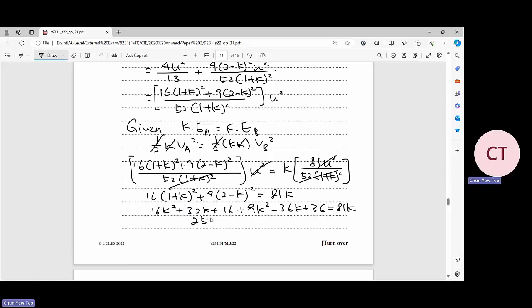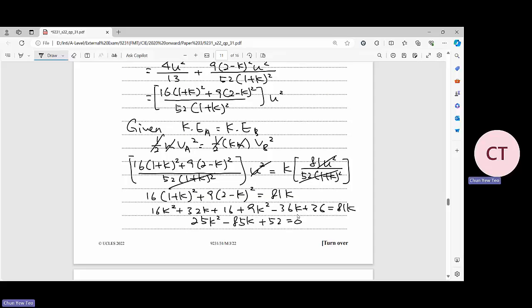So you get 25k square minus 85k plus 52 equal to 0. So this one definitely we will use calculator to factorize it.